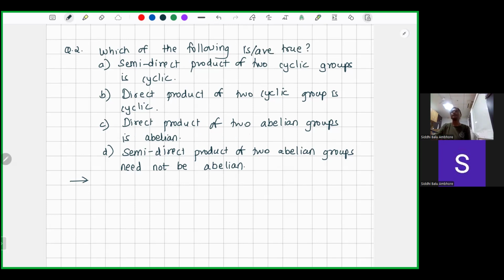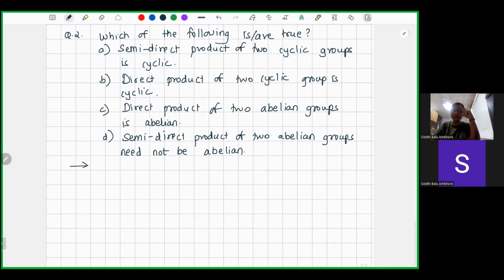If we are saying that something is false, we have to give a counterexample. And if we think something is true, then we have to give the proof of it. So the first statement is that the semi-direct product of two groups is cyclic.